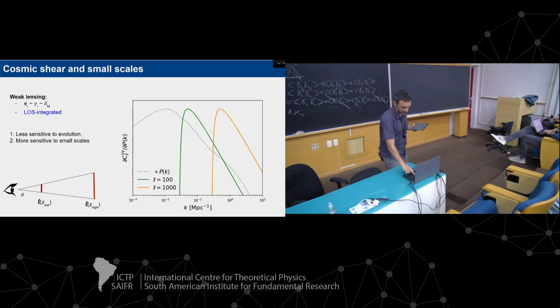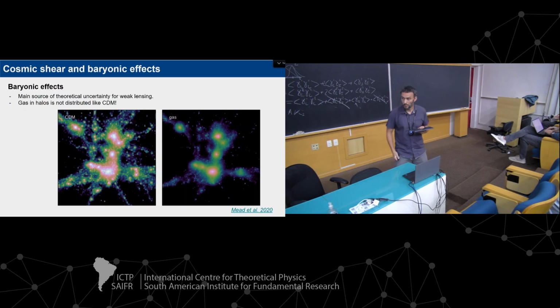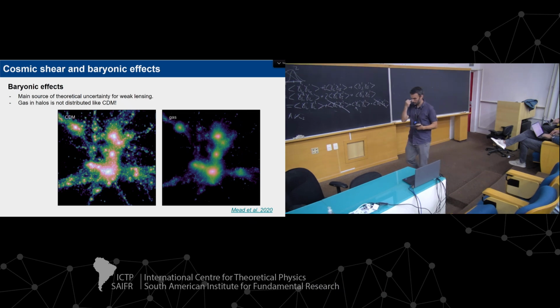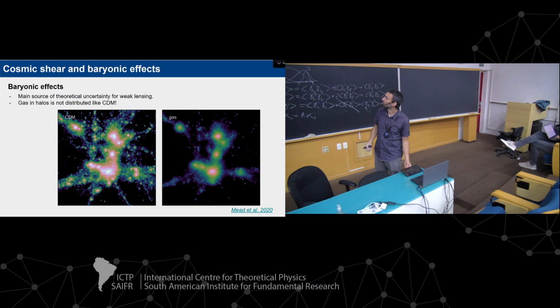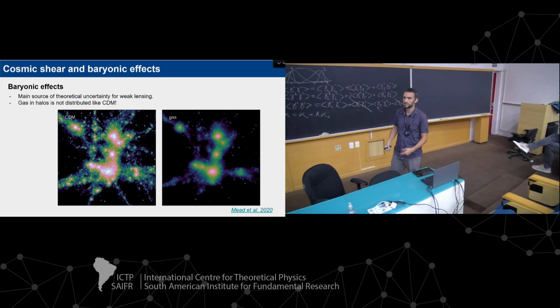But there's a related problem, which is baryonic effects. About 16% of all the matter in the universe is baryonic matter, which is not dark matter, which means that it's subject to non-gravitational forces. And that means that it's not going to cluster exactly the same way that dark matter clusters, right? That would be fine if we could simulate baryonic matter easily, because we just put that in an N-body simulation, let it run, and you're done.